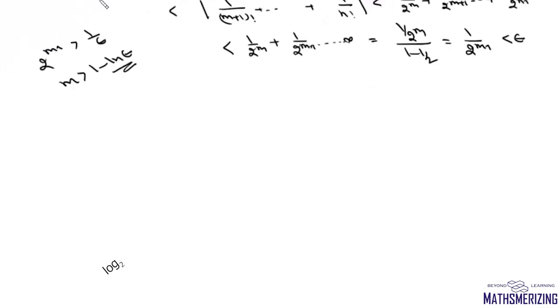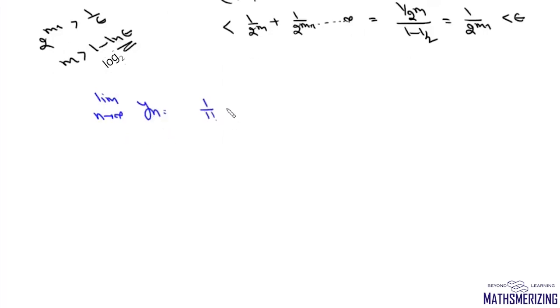Now we have to find the limit of the sequence. We can write limit n tends to infinite yn, it'll be simply 1 upon factorial 1 minus 1 upon factorial 2 plus 1 upon factorial 3. It'll continue up to infinite.